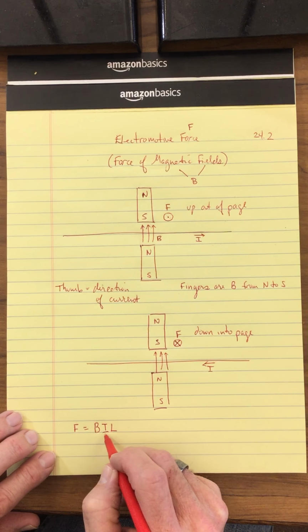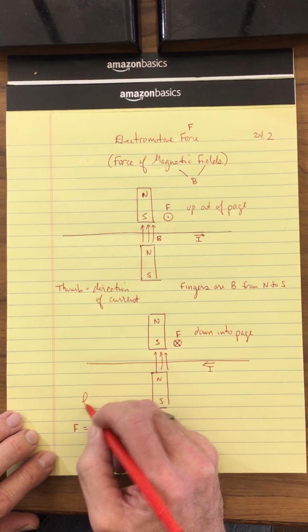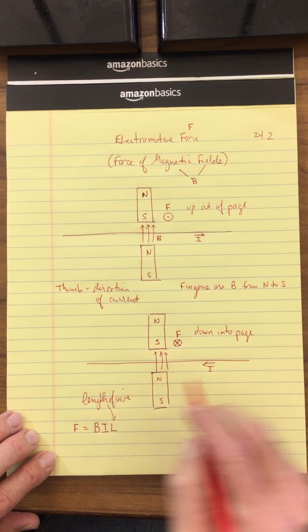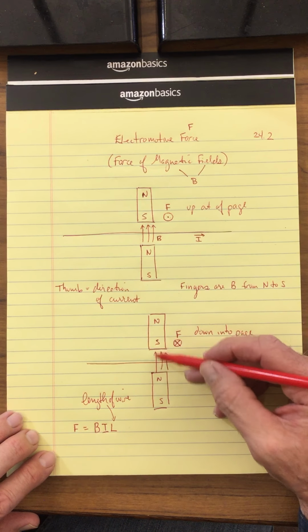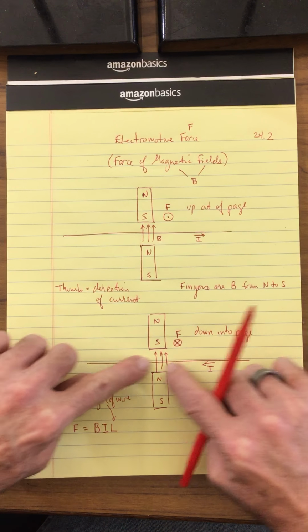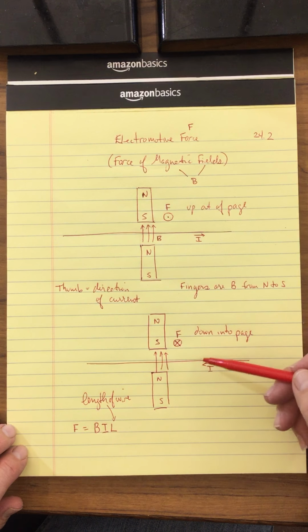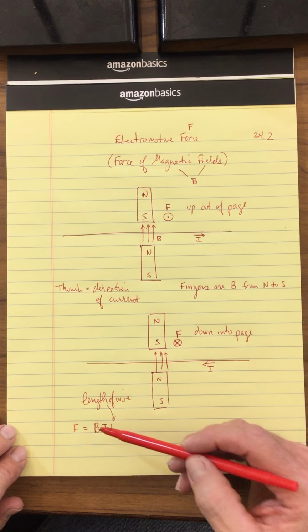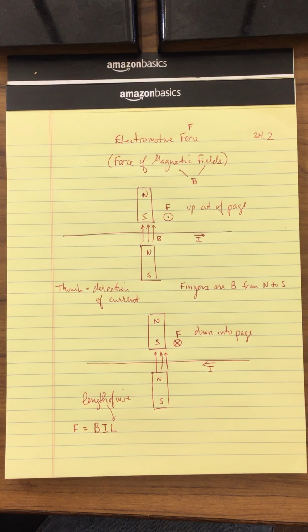So here's your magnetic field, here's your current, here is the length of the wire: the length of the wire that's experiencing this magnetic field. So in this area right here, that would be the length. If you have more magnets, the length of the wire increases, as well as the strength of your magnetic field.